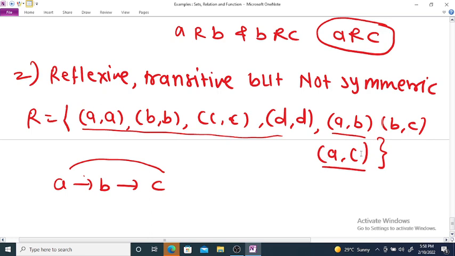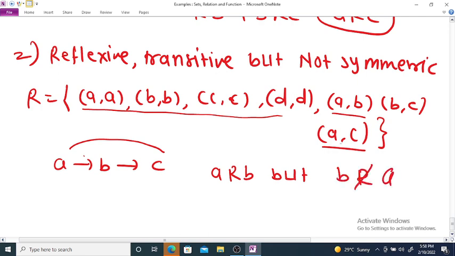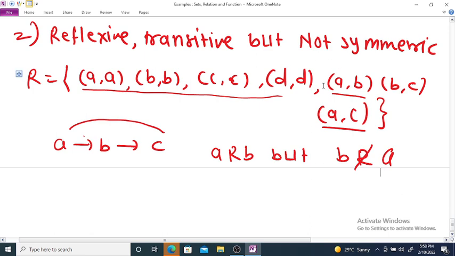A related to C, but again there is no pair C related to A. So this relation is reflexive, transitive but not symmetric. Why not symmetric? Because A related to B, but B is not related to A, and therefore the given relation is not symmetric, but it is reflexive and transitive.